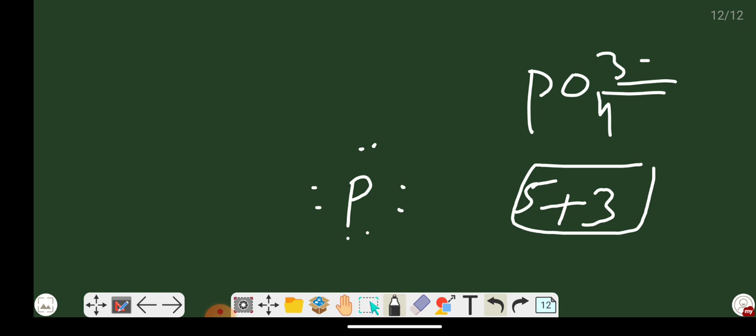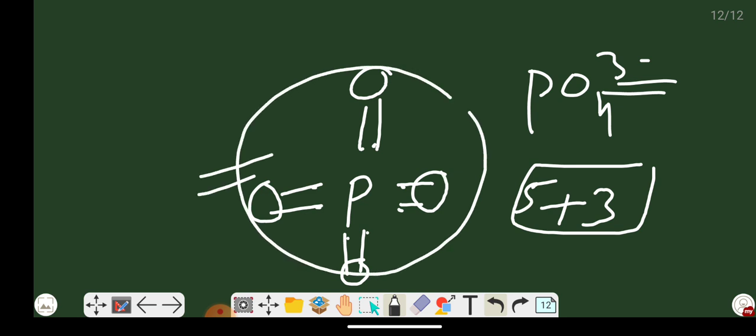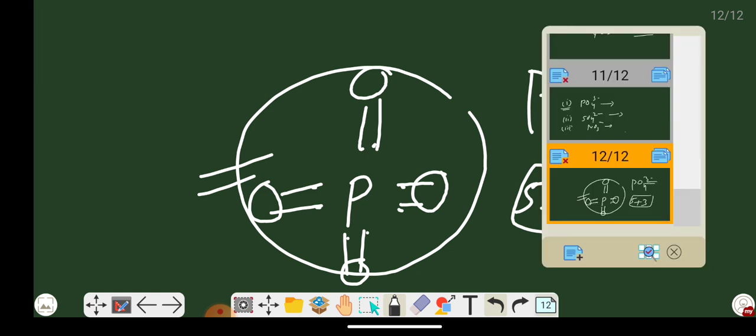As we know, oxygen forms a double bond, so here we have 4 double bonds. Now this is the molecule, and it has only 4 bond pairs.